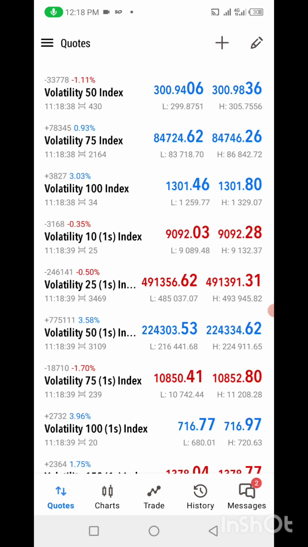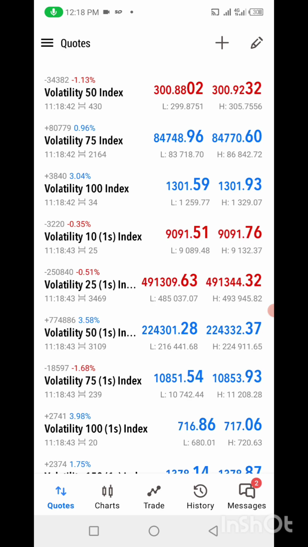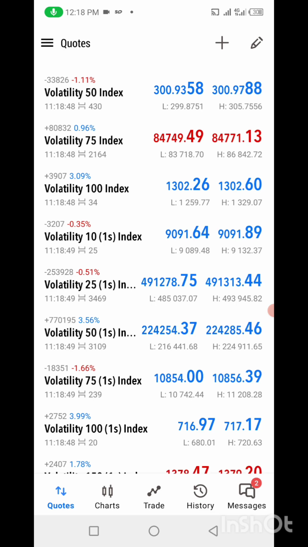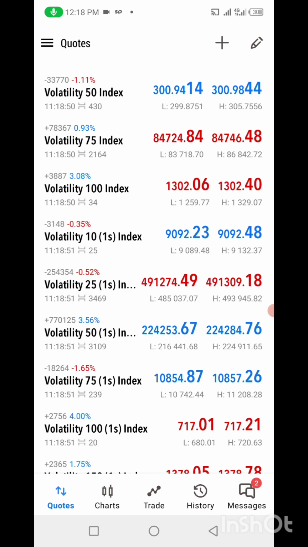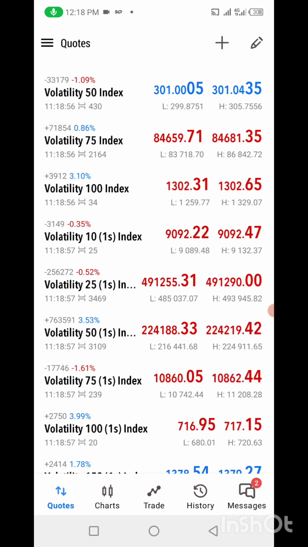Now you are being disturbed by these errors. You cannot accurately predict the value of the price after 5 minutes, or you may accurately predict it.